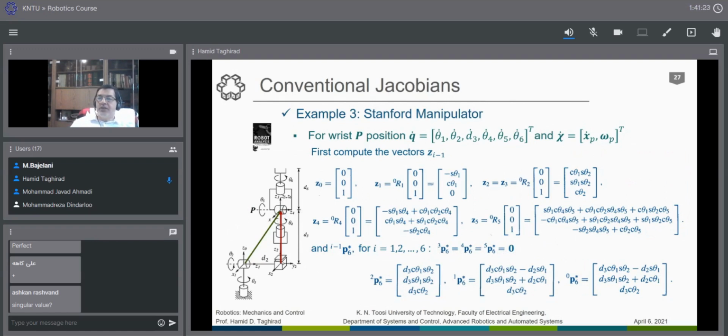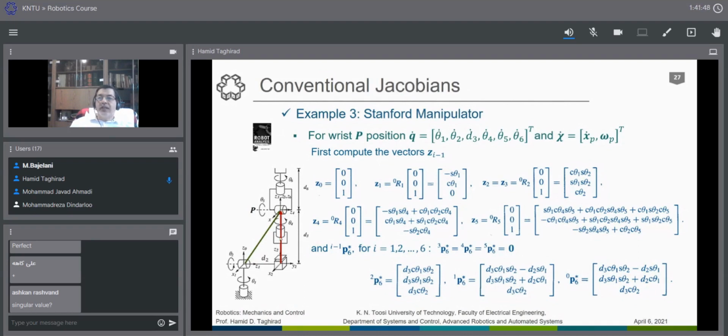Here we have only two vectors, the red one and the green one, that can be easily found from 3 to 2. Let's say P_6 to 2, since these three are all equal to 0, all of them are here. This vector P_6 is the red one.